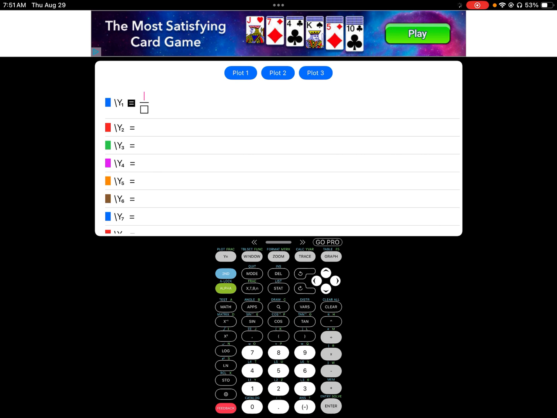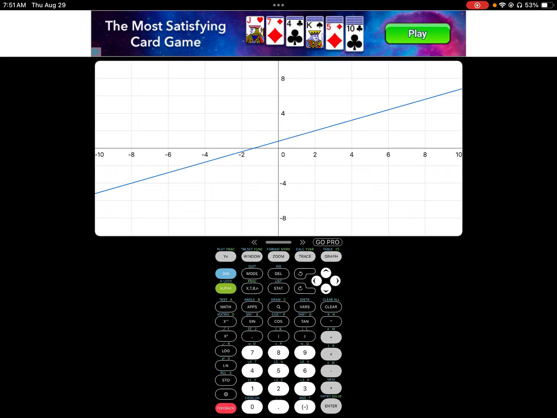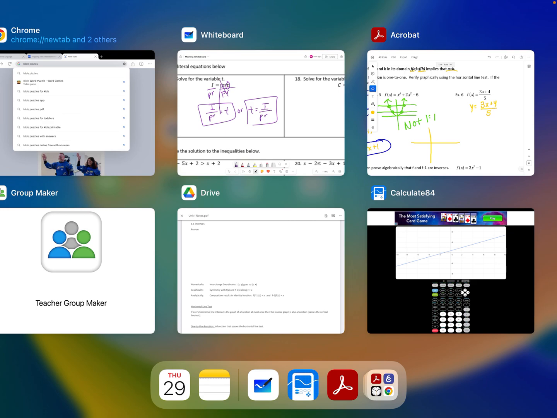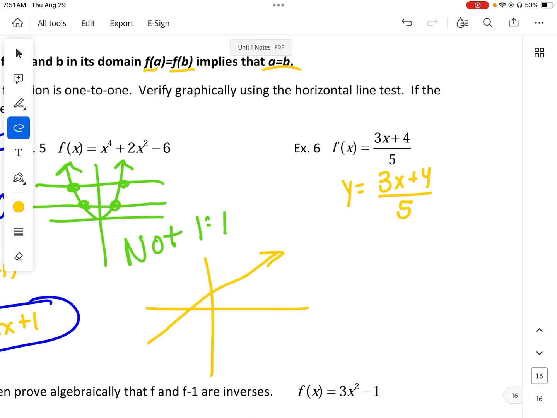And so I have 3x plus 4 over 5. Hit graph. Oh, it's just a straight line. So this is linear. Let's double check. Okay, it looks like this. So if I do horizontal lines, we're good. It only passes one time. So it is one-to-one.